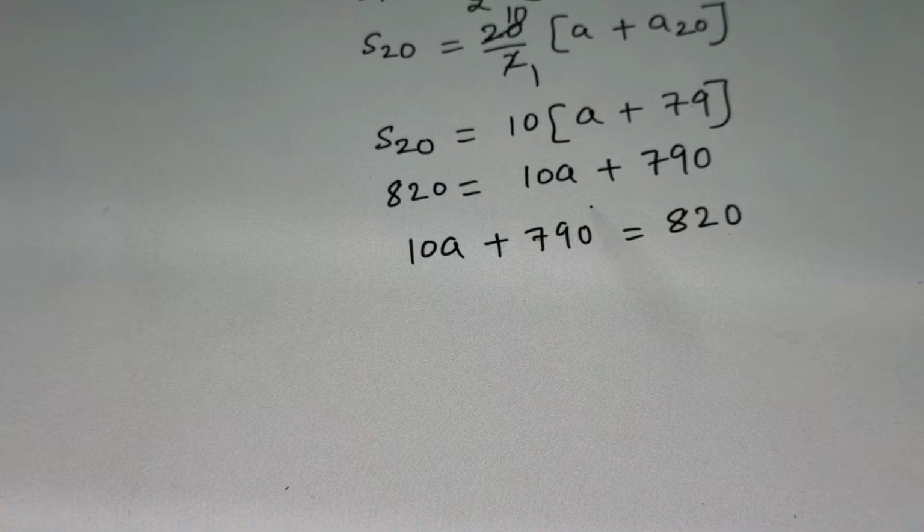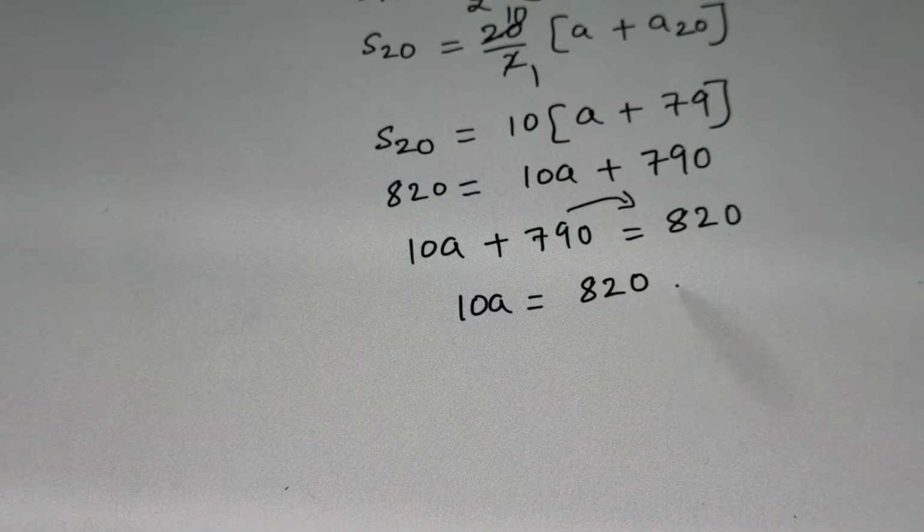So no need to change any sign, as we have LHS equals RHS. Now shift 790 to the right side, we get 10a equals 820. Now 790 plus will become minus, so minus 790.